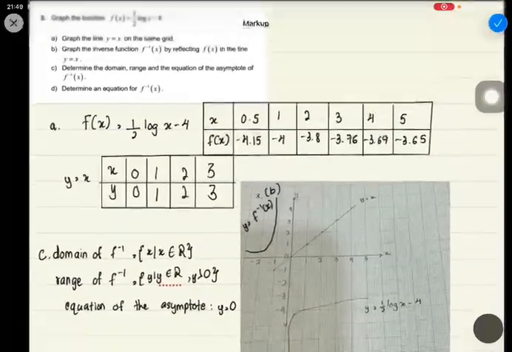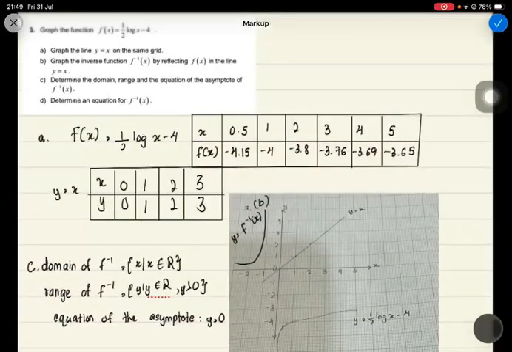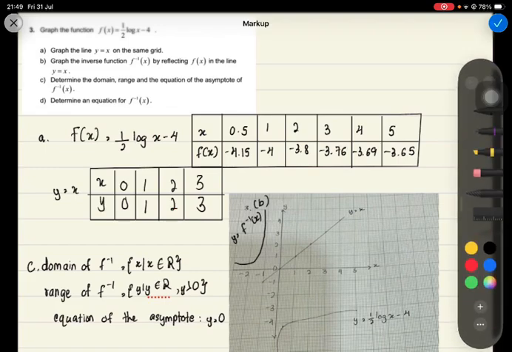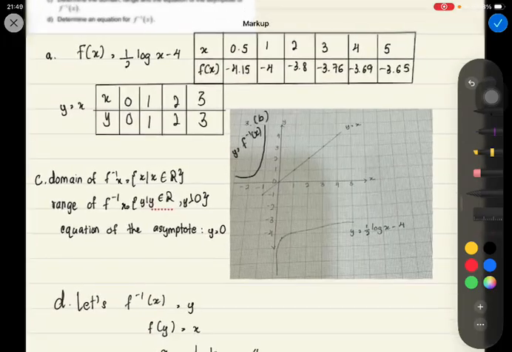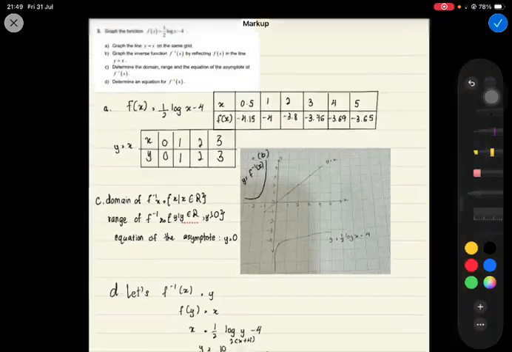So for the domain and range, f inverse of x's domain is x belongs to real numbers. Range is y must be greater than 0. For the equation of the asymptote, y equal to 0.